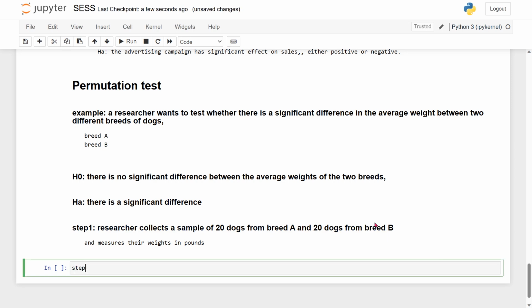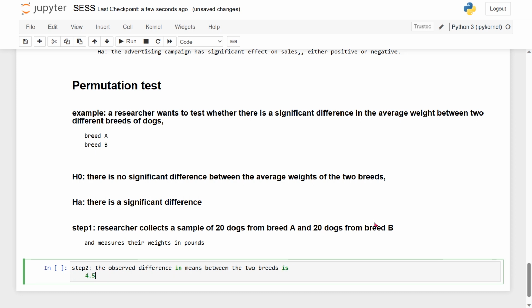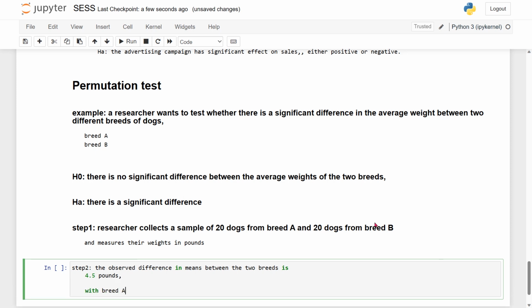Step 2, the observed difference in means between the two breeds is 4.5 pounds, with breed A having an average weight of 45 pounds, and breed B having an average weight of 49.5 pounds.